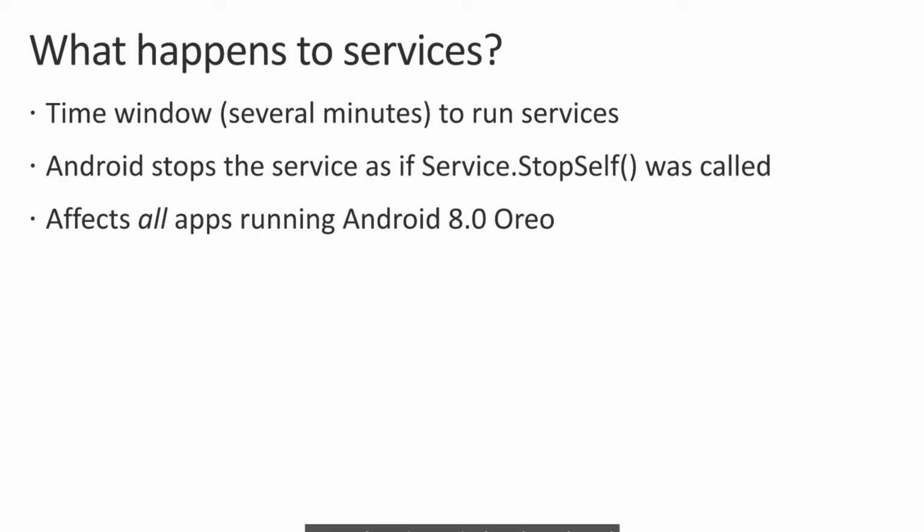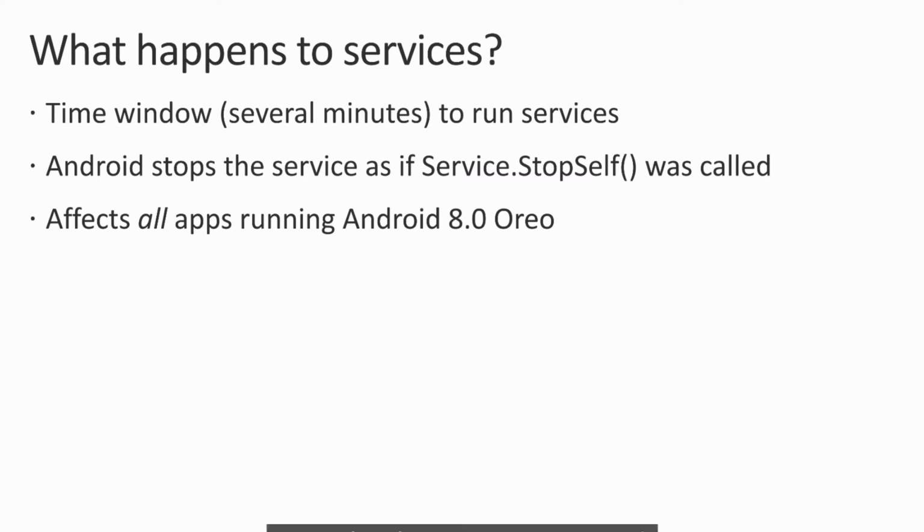Once that time window has closed, Android will stop the services, as if it had called the stopSelf method. So the app, at this point, it's all said and done, the services are all stopped, and it's in the background. It's not doing any more work. And notice, again, this affects all apps running on Android 8.0.